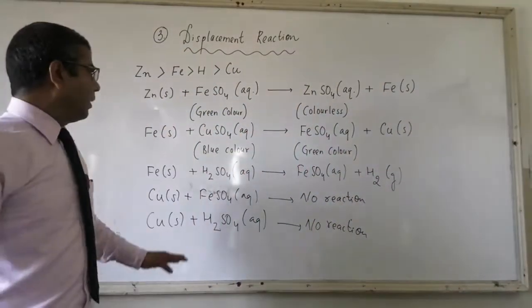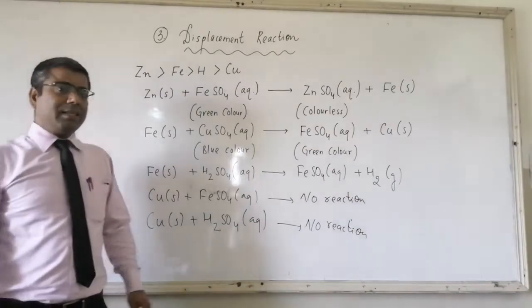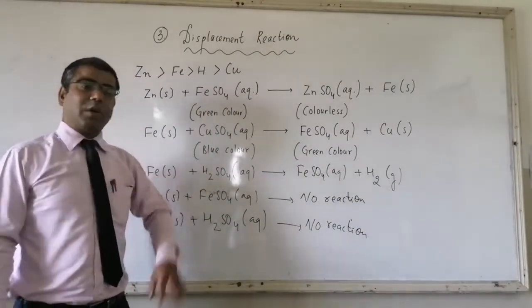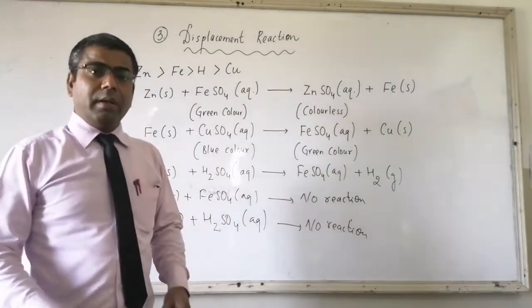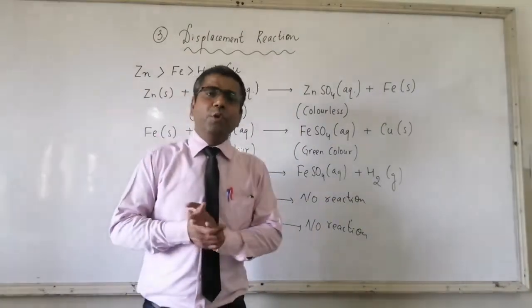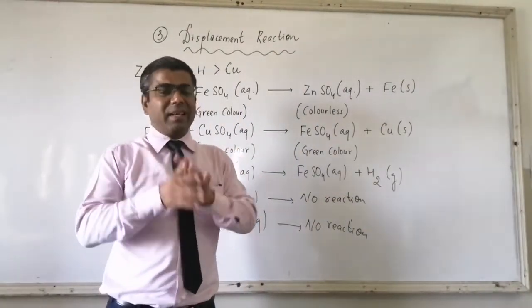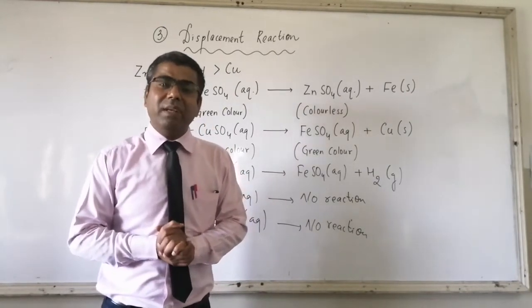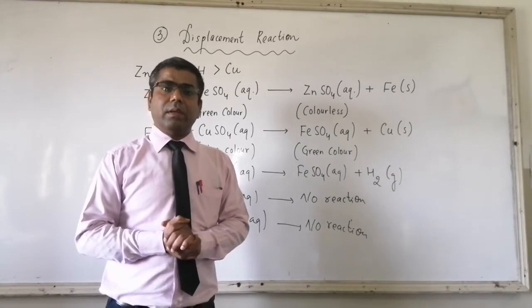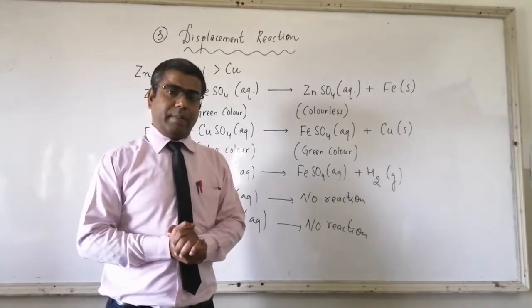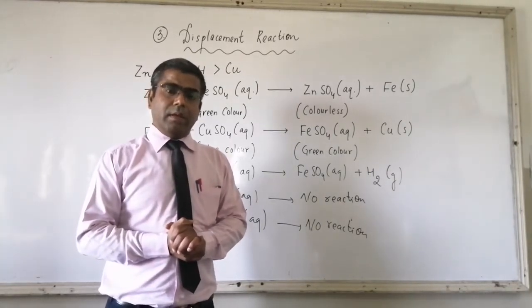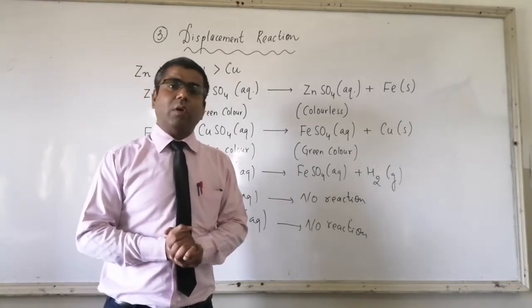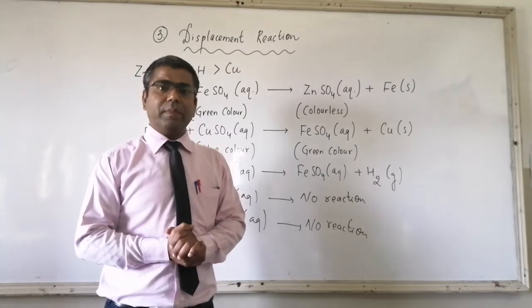Now example, zinc is taken with iron sulfate solution or ferrous sulfate solution. Remember, ferrous sulfate is a green color solid, also called green vitriol. Copper sulfate is a blue color solid, and that's why it is also called blue vitriol.